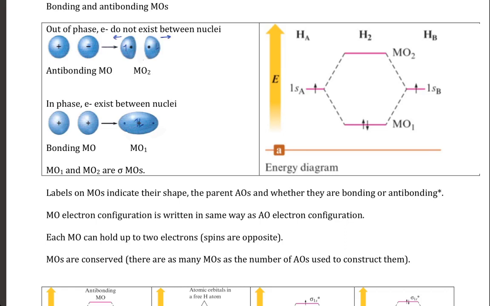Going to the right part of the table, we have an energy level diagram. Let's say this is for the molecule H2. So we have atom A, the one on the left, we have atom B, the one on the right. Those are the original uncombined atoms, and we're seeing their 1s electron. Depending on how they interact, we get either the MO1, which is the bonding MO, that favors bond formation.